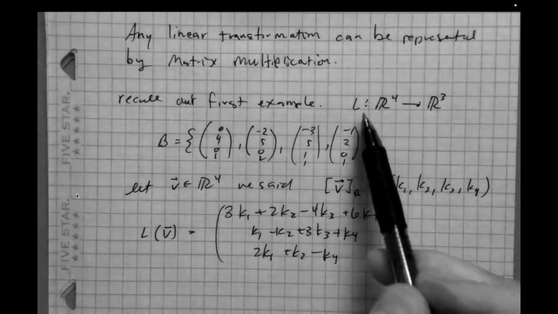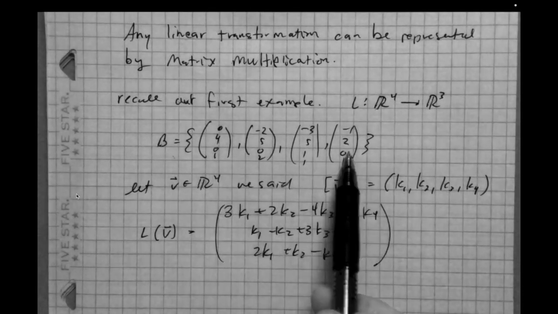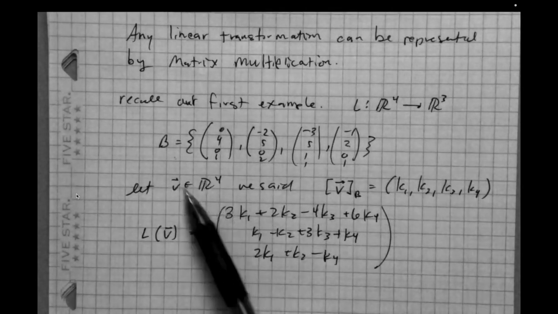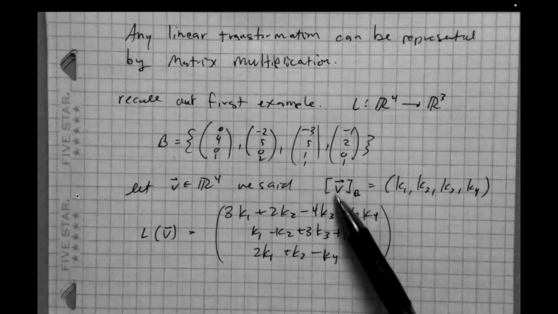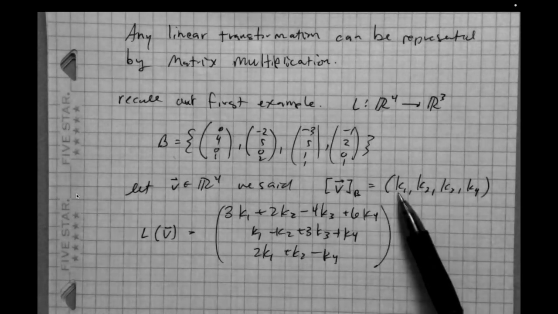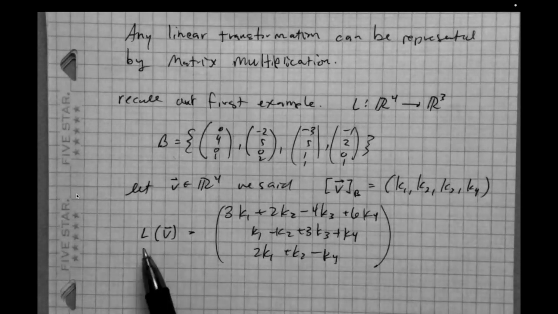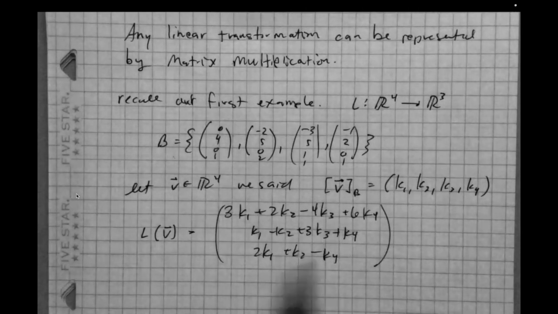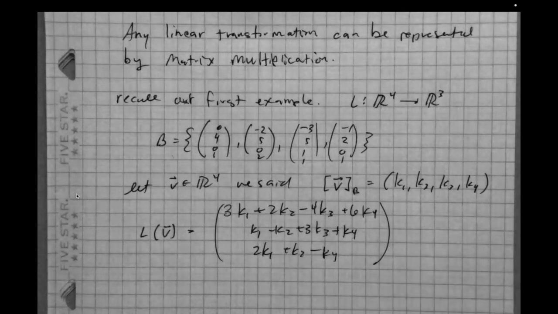Right, so this is what we had in that previous example, just recapping that. We've got a linear transformation from R4 to R3. Here's the ordered basis for R4. If V is any vector in R4, then a coordinatization of V will have the form K1, K2, K3, K4, and the effect of the linear transformation on V will be the following. It'll have this effect on the basis.